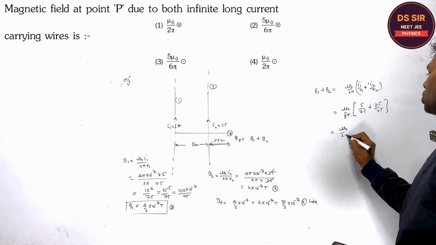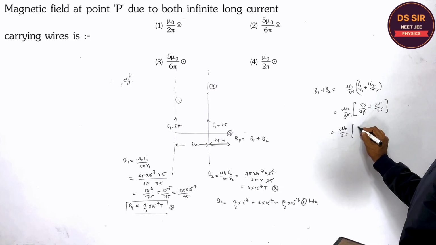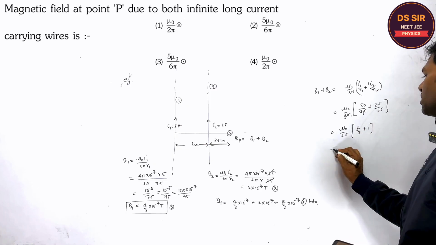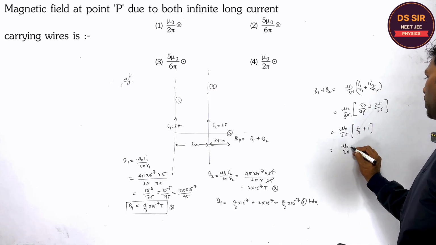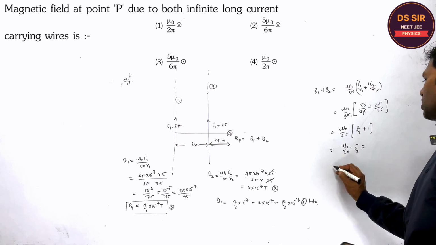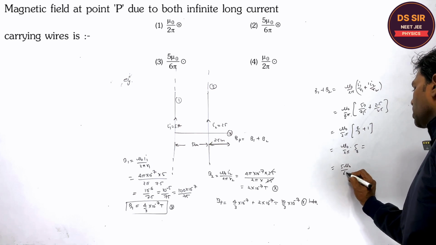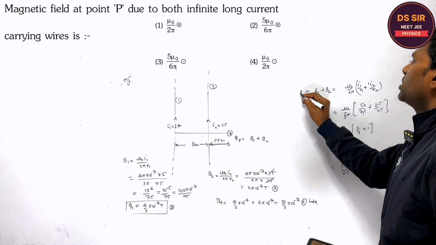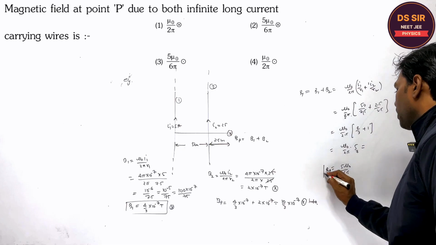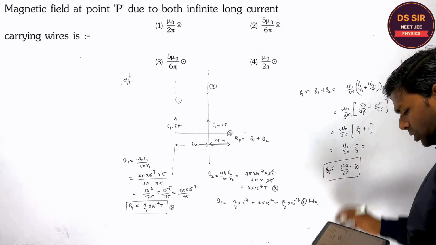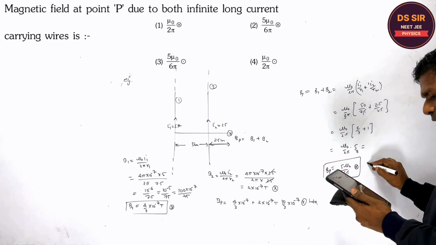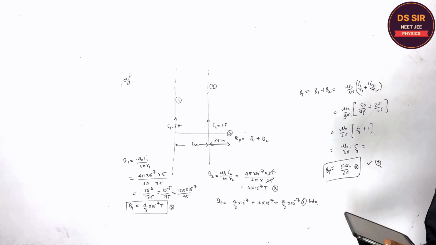So mu naught upon 2 pi, simplify. This is 2 by 3 plus 1. Mu naught upon 2 pi, 5 by 3. So it is 5 mu naught upon 6 pi. This is the magnetic field at the point P, into the board. So the second option is the correct option.